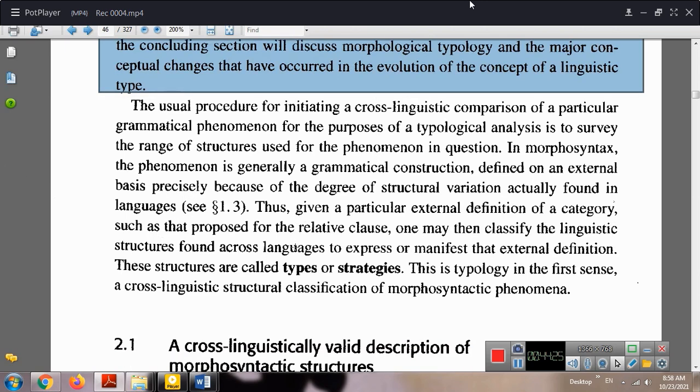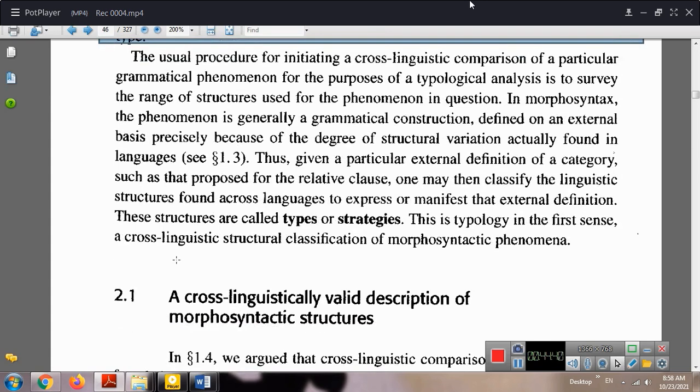Thus, given a particular external definition of a category, such as that proposed for the relative clause, one may then classify the linguistic structures found across languages to express or manifest that external definition. These structures are called types or strategies.